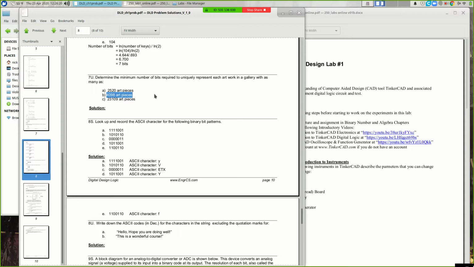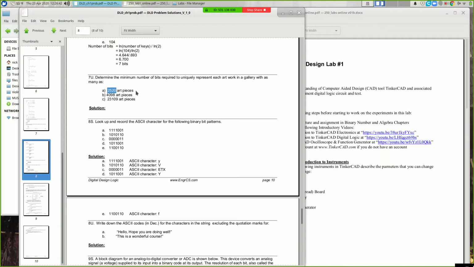So 2 to the 10th is 1024. You need more than 10 bits to represent 2520 art pieces, right? 2 to the 11th is 2048. That's not enough either. 2 to the 12th is 4096. Okay, that's enough. So 12 bits is the minimum number of bits you need to represent 2520 things.